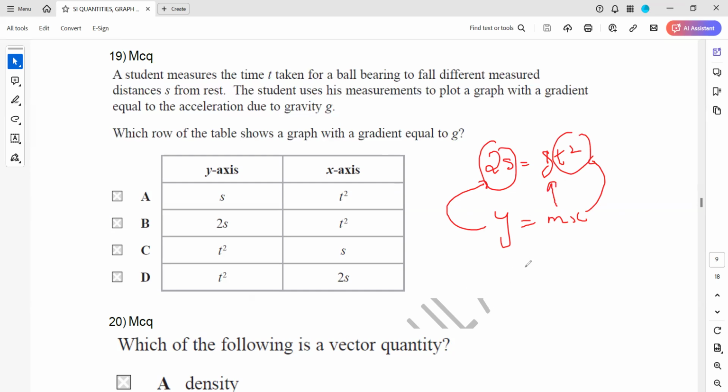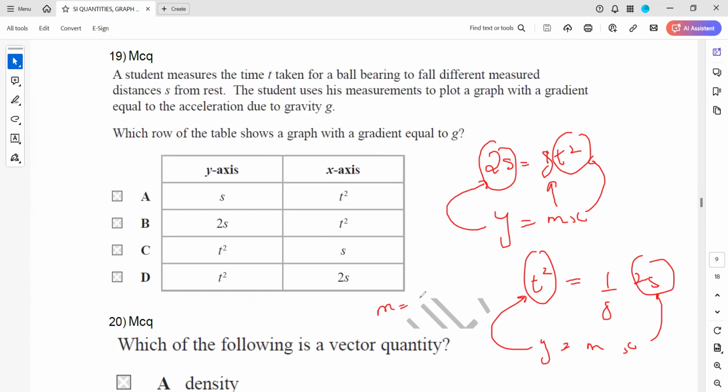But if I rearrange this equation, on the y-axis, if I have t square, the equation will turn out to be like this. And now if I need y equal to mx, so on the y-axis I have t square, on the x-axis I have 2s, my gradient will not be equal to g, it will be equal to 1 over g.